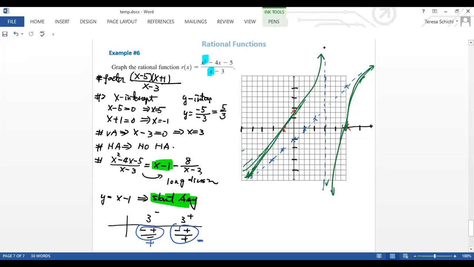Of course my graph is not perfect because of scale, but you can understand, right? Because I know this end is positive, I know the other end is going to approach this slant asymptote here.